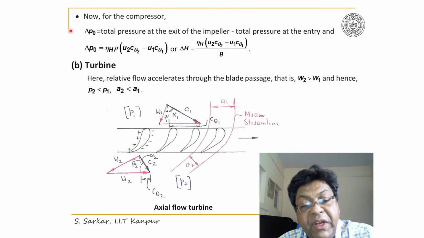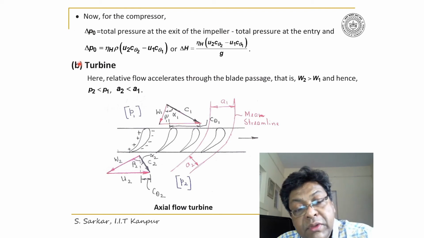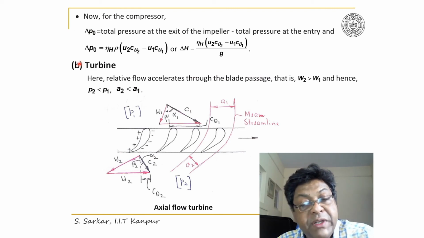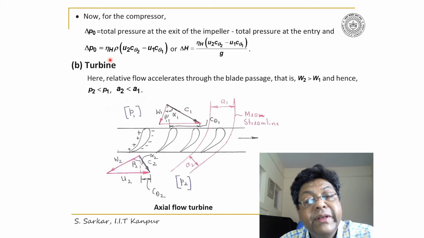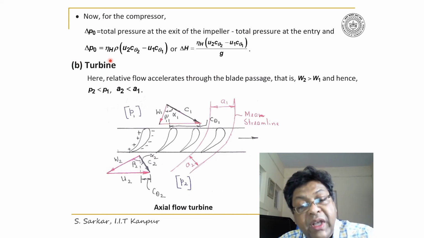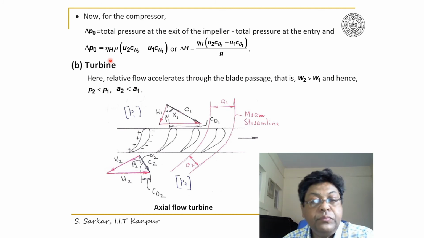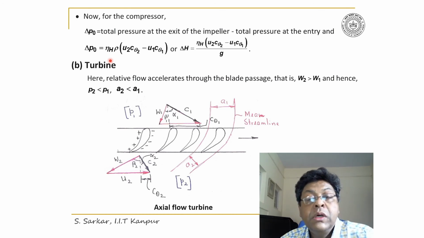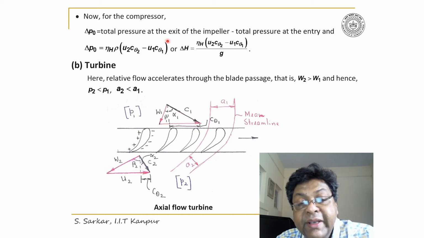Now for a compressor, del P0, considering an incompressible flow, can be given as eta H into rho times U2 C theta 2 minus U1 C theta 1, or del H is equal to eta H into U2 C theta 2 minus U1 C theta 1 divided by g, where del H is the head rise per stage.